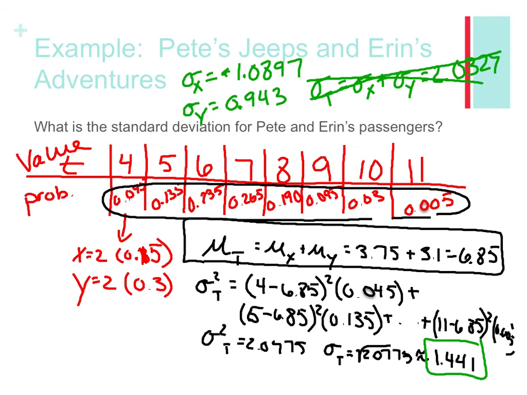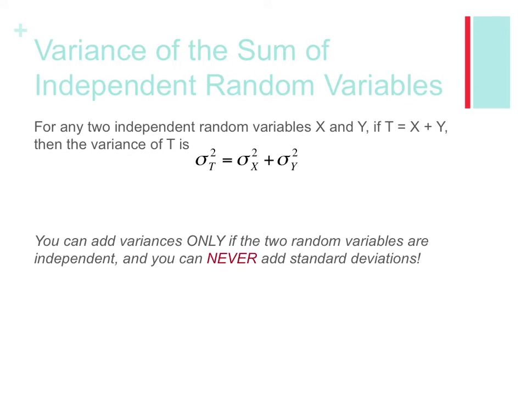In order for you to be able to find the standard deviation of your combination of two random variables, you have to add the variances. You can never add the standard deviations, okay?